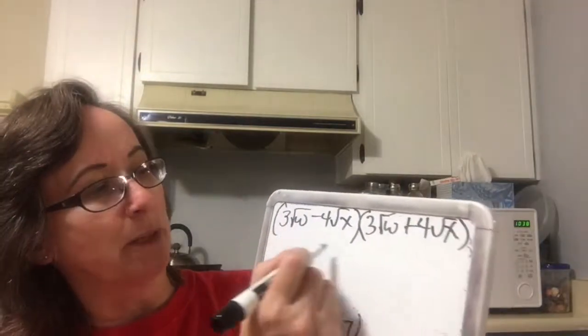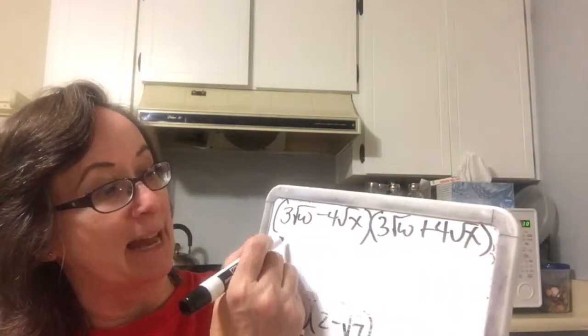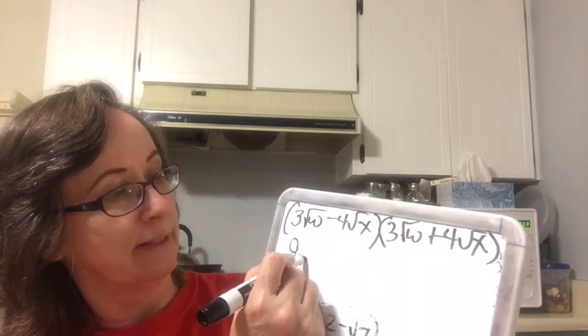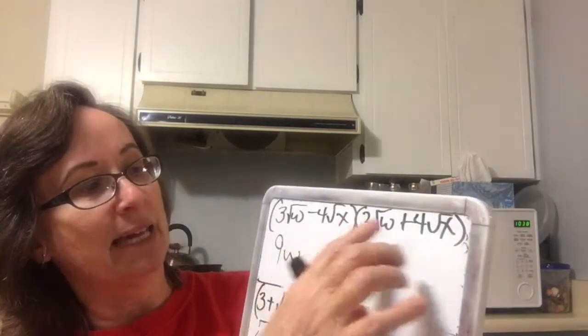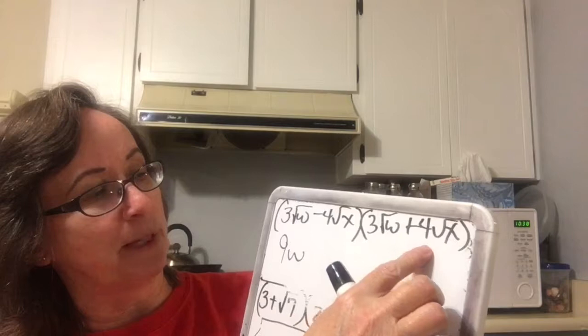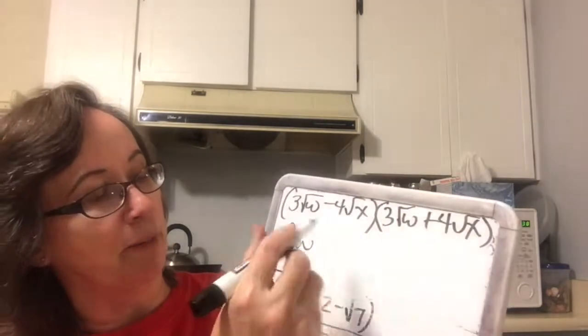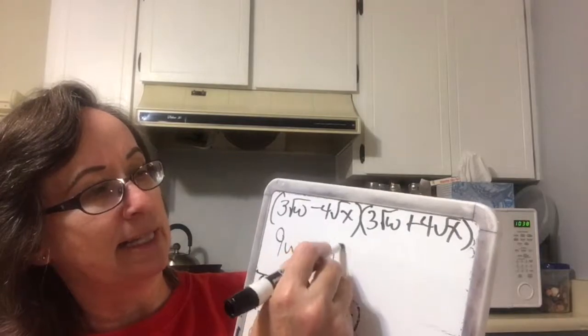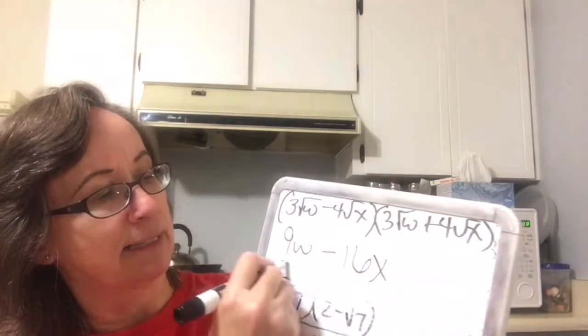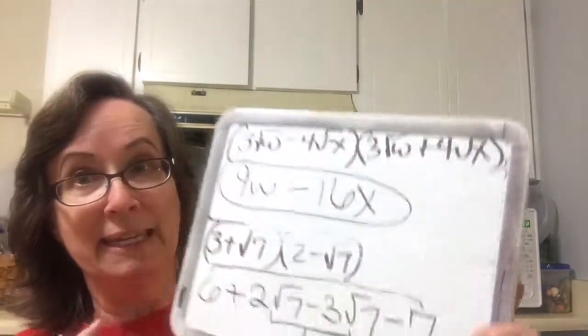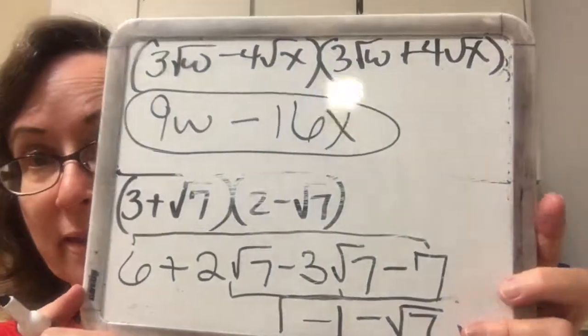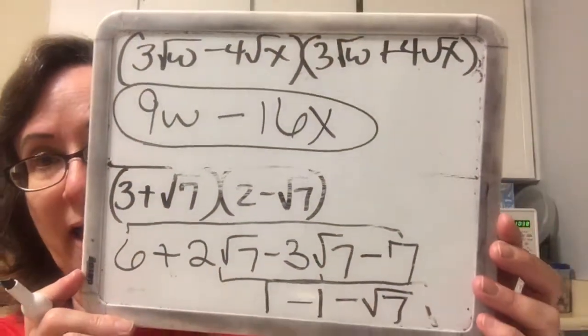So now this, when I multiply these together, I'm going to get 9w. The inside and the outside should always cancel because they are conjugates. And then the last term squared would be minus 16x. And I think that we are done with 9.5.